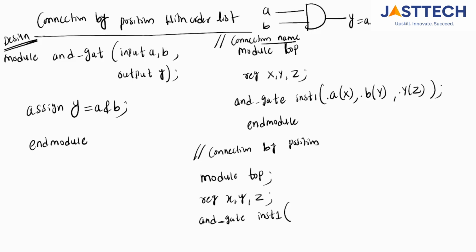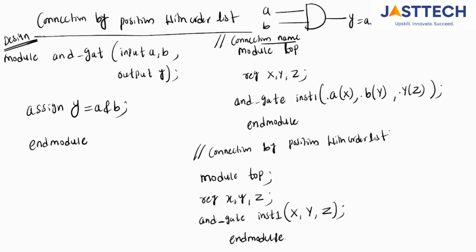How you declared these inputs and outputs in the design, the same position or order list I need to follow. So in place of A, x is there, in place of B, y is there, and in place of Y, z is there. End module. This is nothing but connection by position with order list.